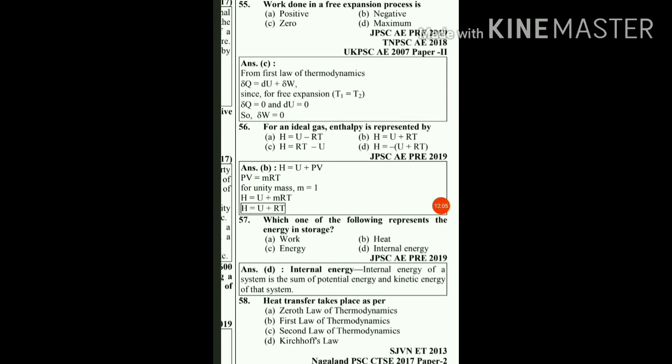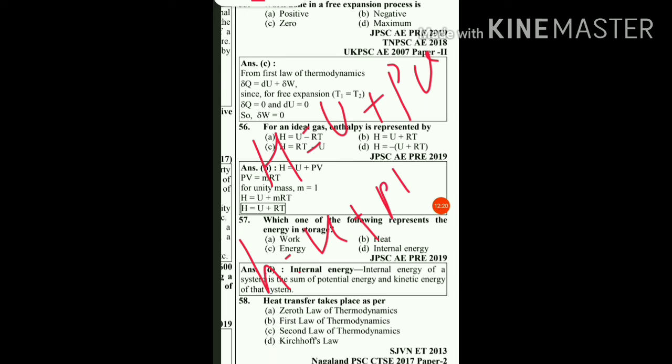For an ideal gas, enthalpy is represented by, so enthalpy is basically a sum of internal energy plus flow work, which is pressure into volume. Or specific enthalpy is h equals u plus Pv, that is specific internal energy plus specific flow work.